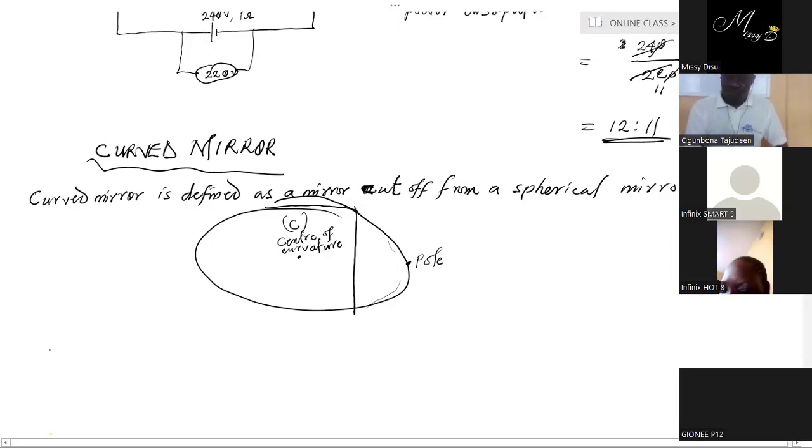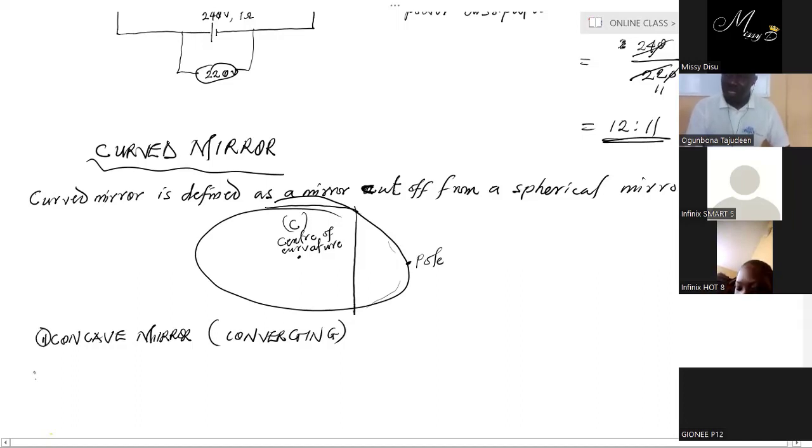We have two types of mirror here. We have concave mirror. That one is called a converging mirror. That's the first one.